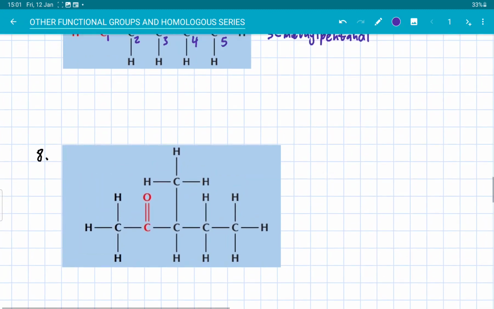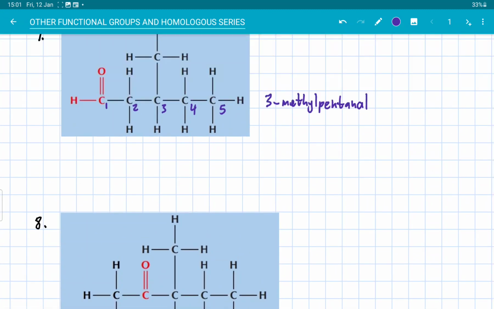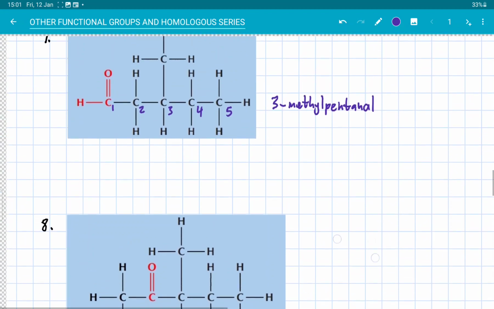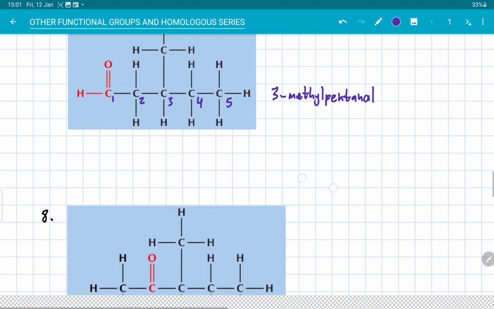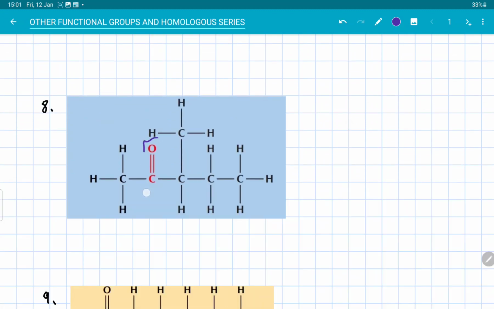Now almost the same molecule, but now they moved the C double bond O to the second carbon atom. The minute we move it to the second carbon atom, notice this is a primary carbon. I mean to say secondary carbon. That basically means it is attached to 2 other carbons.